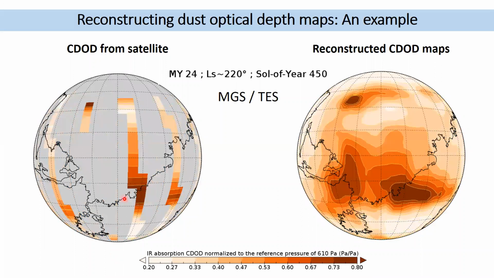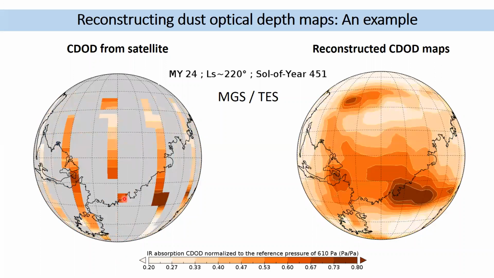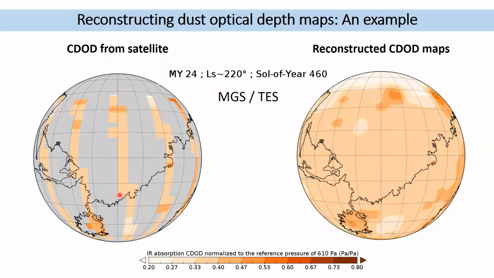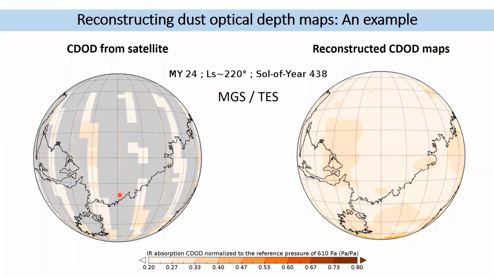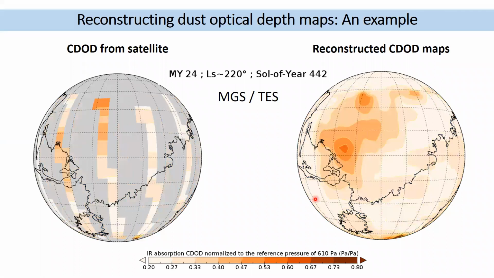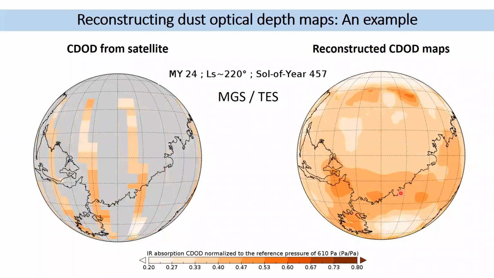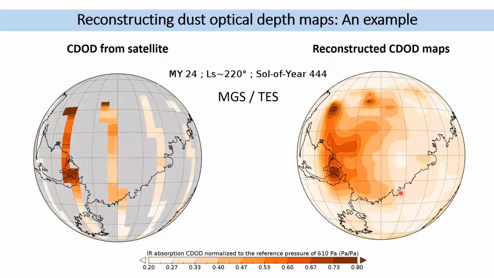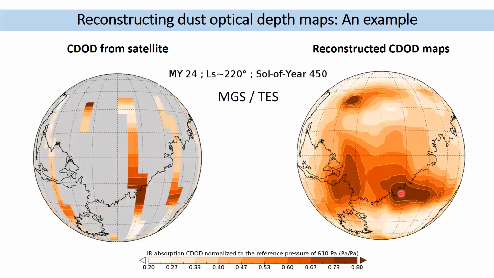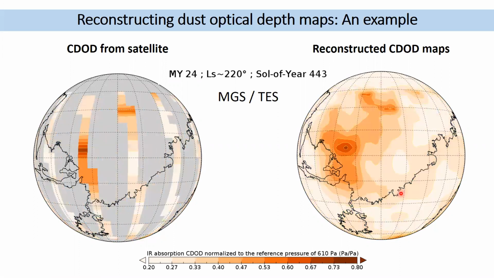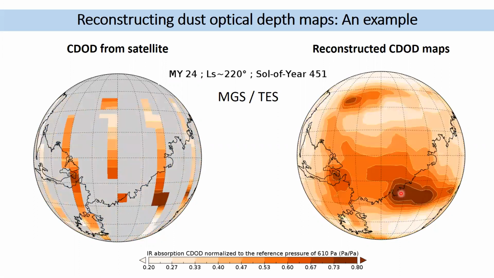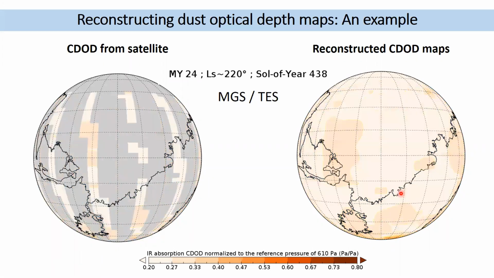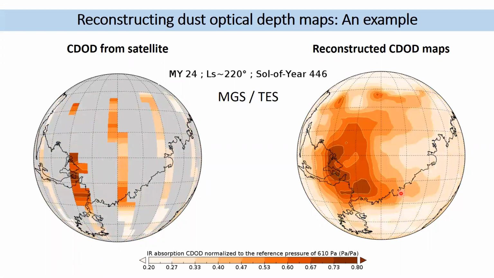So we have sparse observations. And the satellite is moving in longitude as well, while it orbits planet Mars. Then we have to reconstruct a latitude longitude map at most locations. So we have adopted a methodology that allows us to do this, but of course it's still a reconstruction. It's not proper observations.